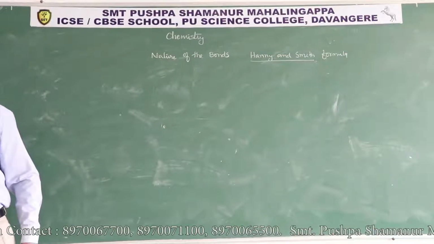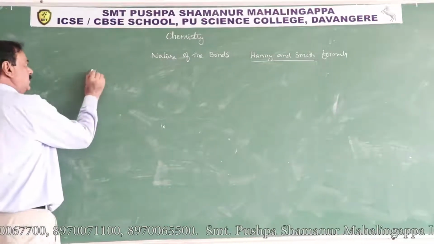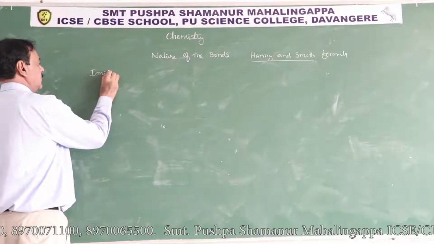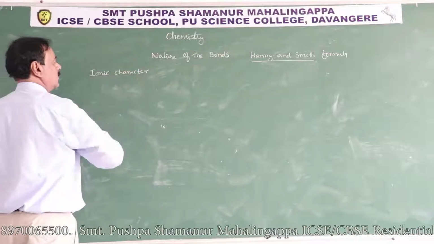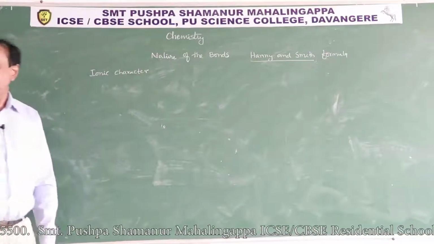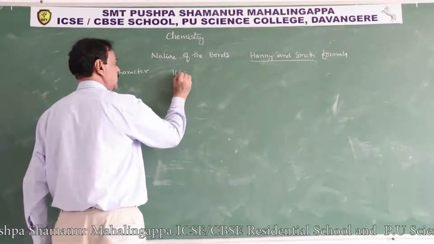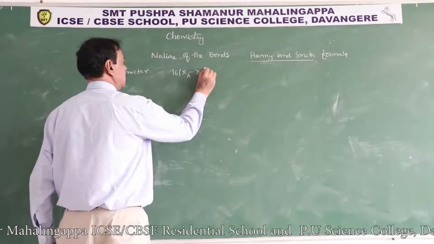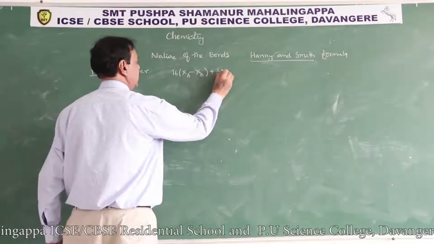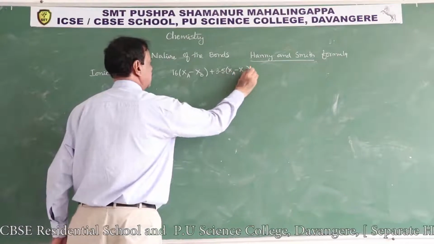According to this formula, ionic character is given by 16 into (Xa minus Xb) plus 3.5 into (Xa minus Xb) whole square.